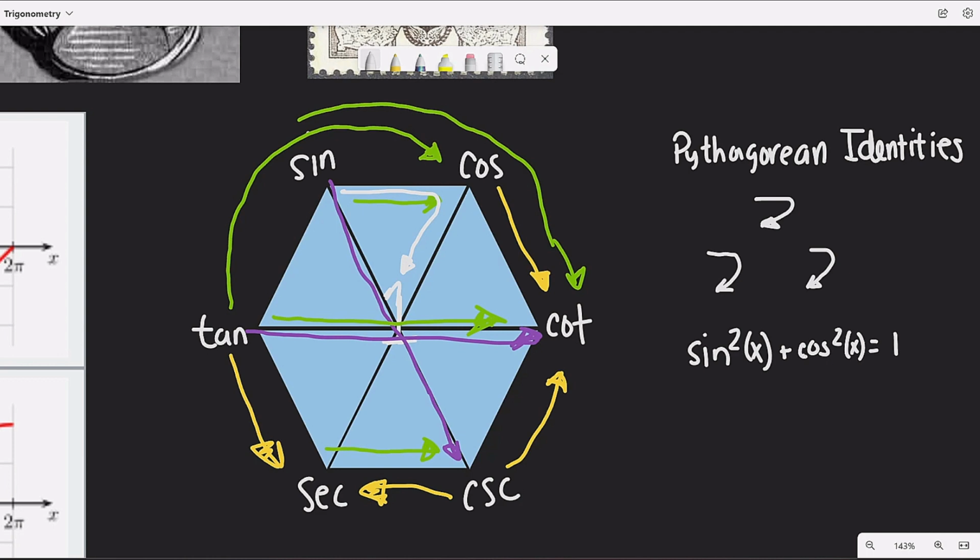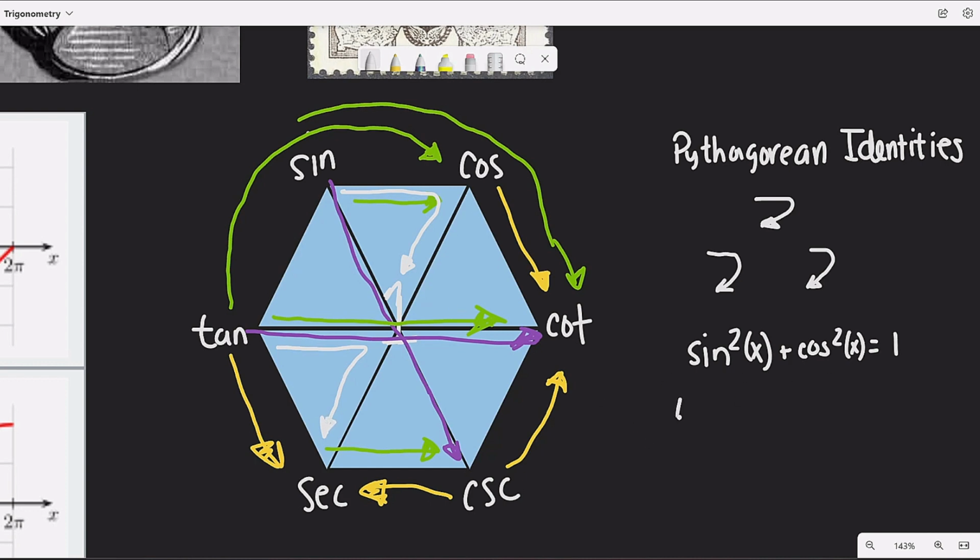And we remember how to derive this too, right? We had x squared plus y squared equals r squared, and then we divide by r squared, and we get 1 on this side of the equation, and then we get these squared trig functions of sine and cosine. And so we can apply this to tangent.